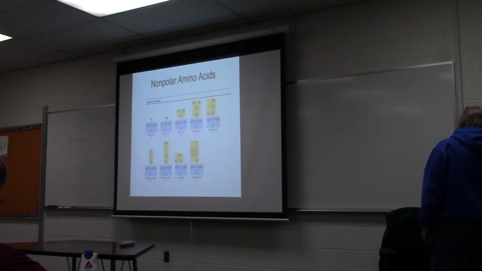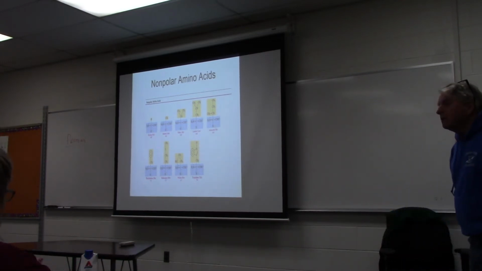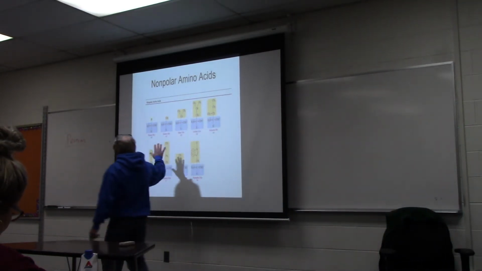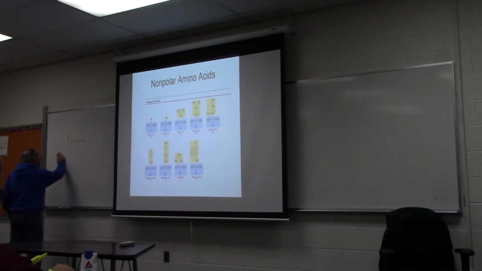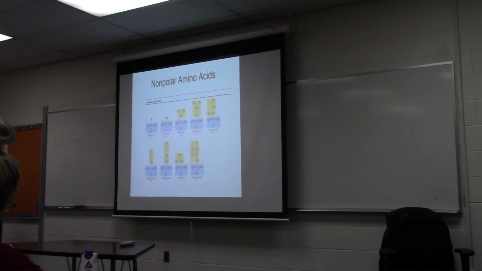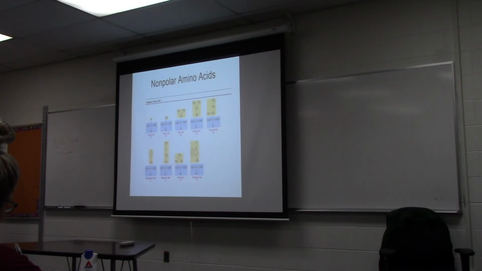Okay, so the 20 amino acids can be broken up into groups. It's going to be a little bit different than this, because I'm taking a couple of them out. First, they have the nonpolar. What makes them nonpolar is the carbons in the side chain, because the more carbon you have, as I told you, it's likely to be more nonpolar, hydrophobic.